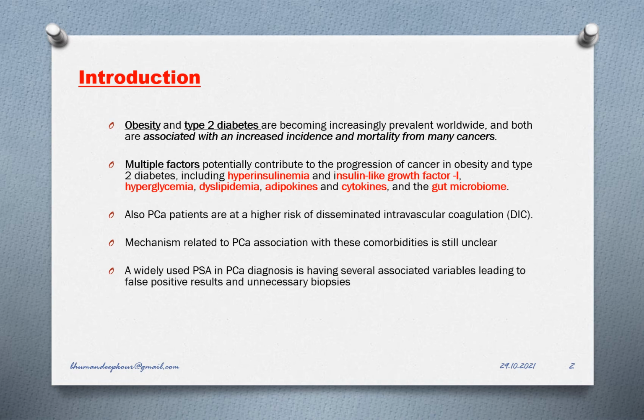Also, prostate cancer is found to be associated with another disease condition, disseminated intravascular coagulation, in which vitamin K plays a very crucial role. Also, PSA, the prostate-specific antigen, is a protease and a member of the kallikrein family, which are also proteases, and PSA is found to play a role in coagulation as well.